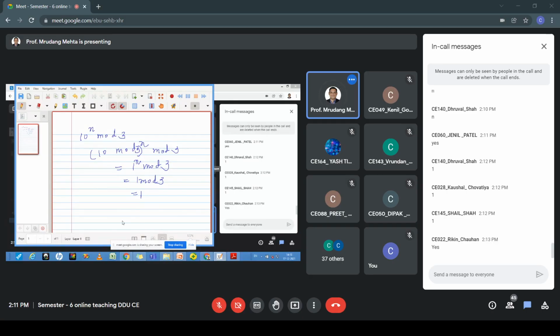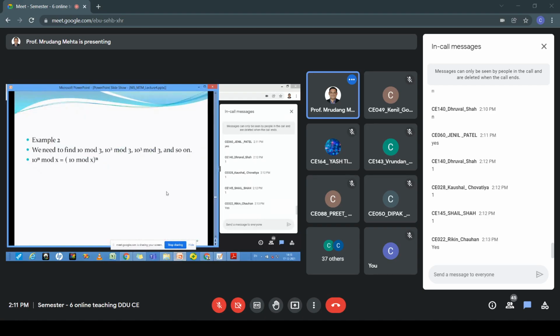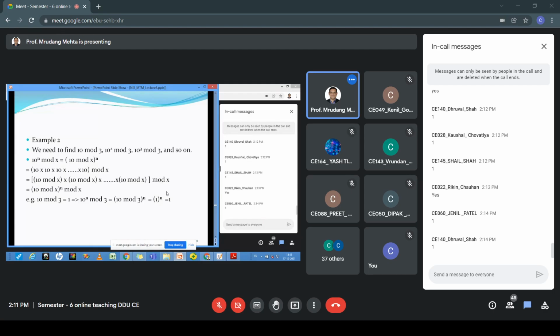Okay, now if x is equal to 9, find out the answer. Right, so the answer is 1.